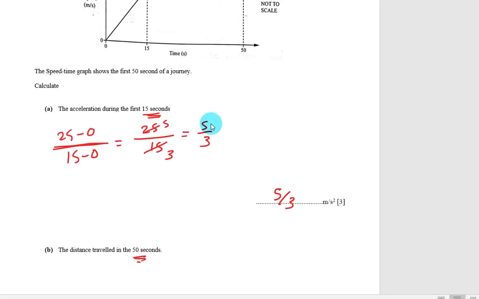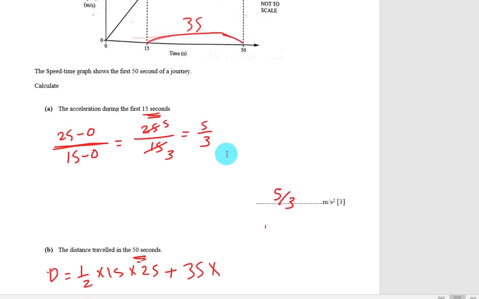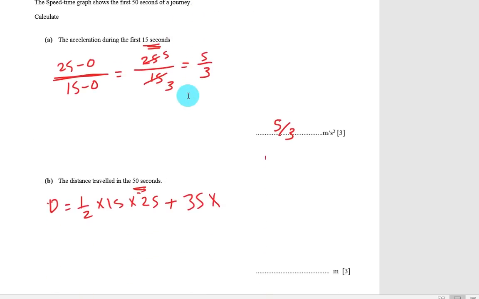The distance D is equal to half the area of the triangle, half of 15 multiplied by 25, plus the area of the rectangle, this distance, which is 35, so 35 by the height, which is 25. The total distance in the journey will be the area under the graph.